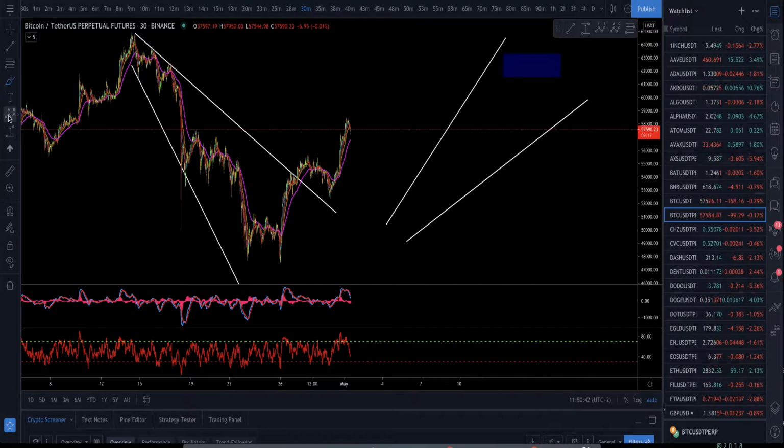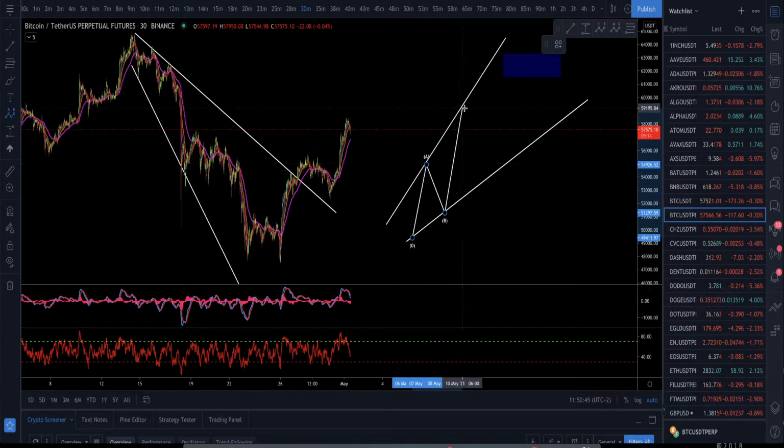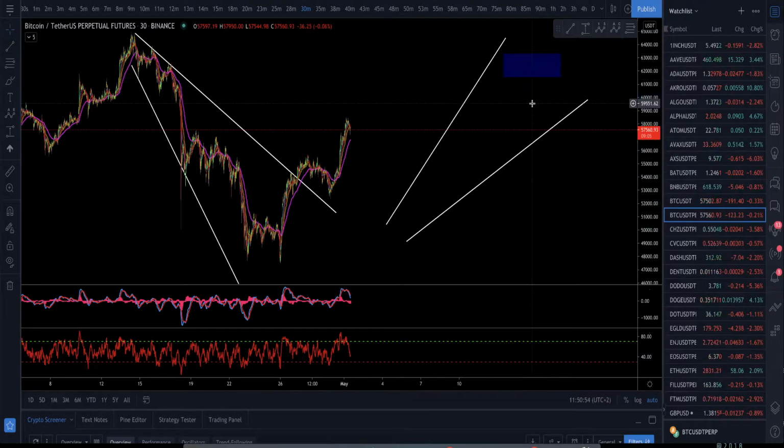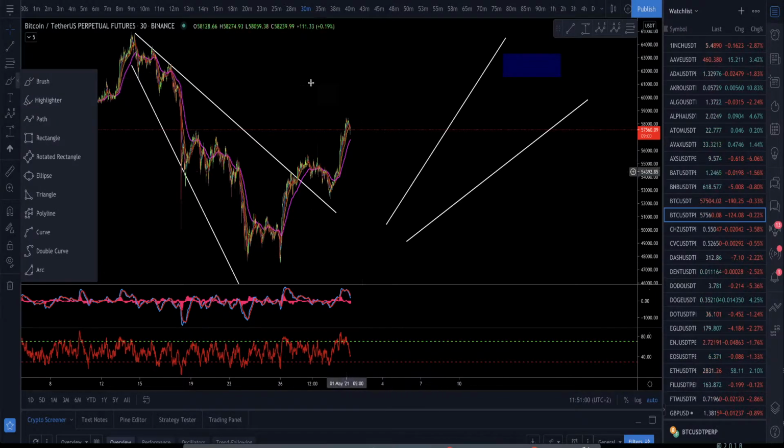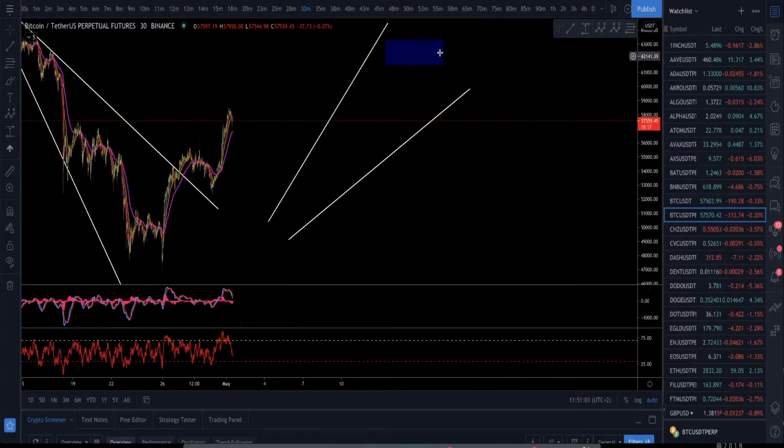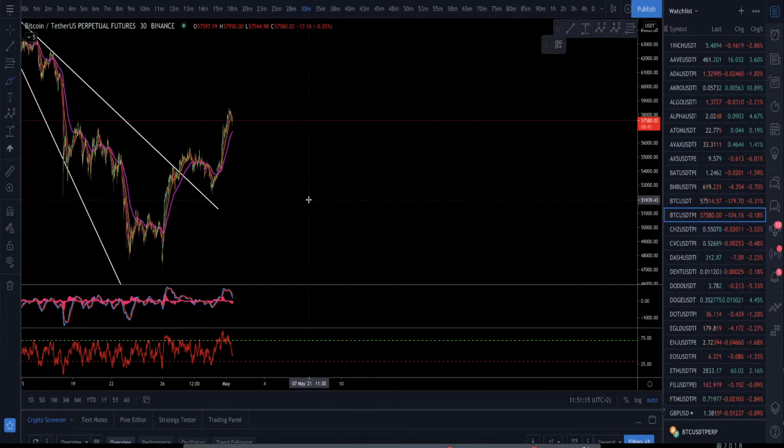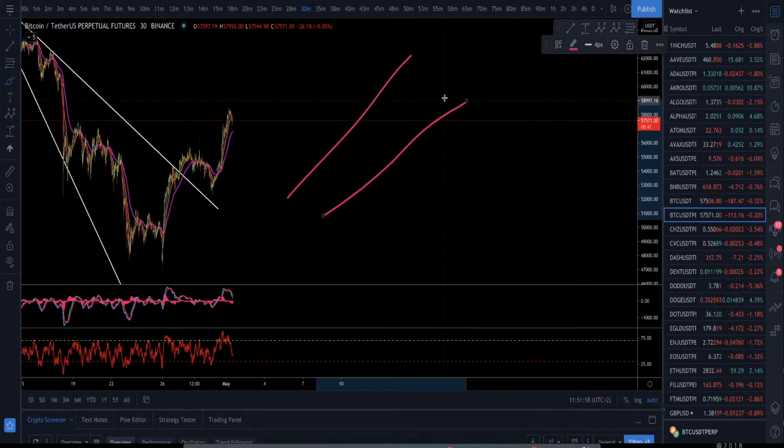And you can also do like A, B, C, and D. This will work also a lot. And yeah, there you can go long and then close it here, somewhere here. This region, if you draw something just like this, always look at this region to enter the trade, or this region to enter the trade.